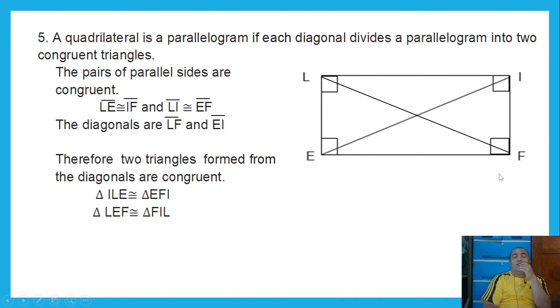What are the diagonals? Segment LF and segment IE or EI. Therefore, the two triangles formed from the diagonals are congruent. So triangle ILE is congruent to triangle EFI, and triangle LEF is congruent to triangle FIL.